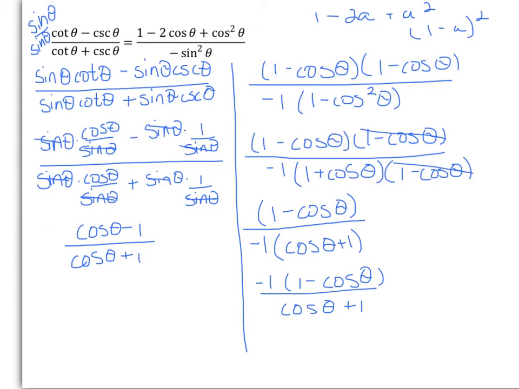And when I distribute this, this becomes negative 1 plus cosine of theta, or cosine of theta minus 1 over cosine of theta plus 1. And it's a little hard to see because this one goes here, but these do check out.